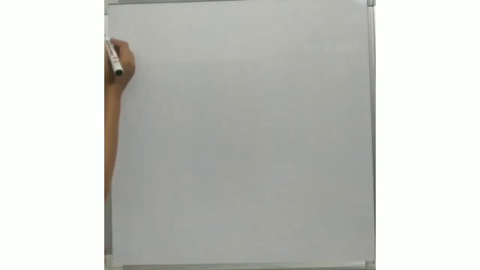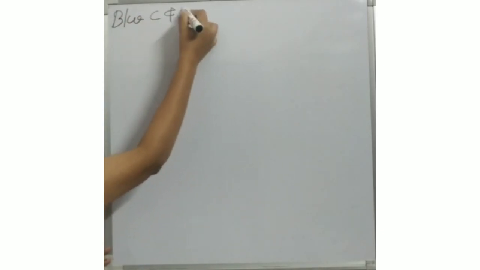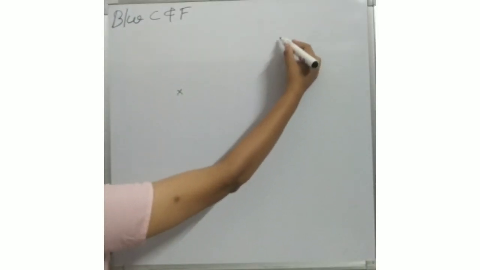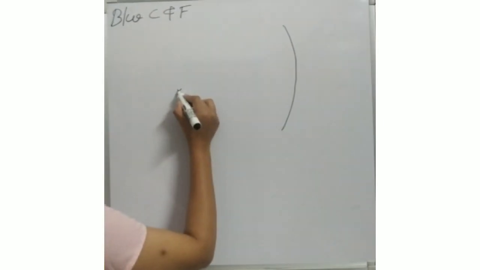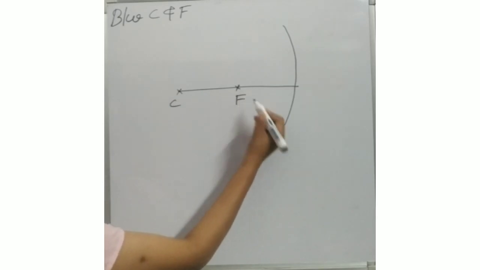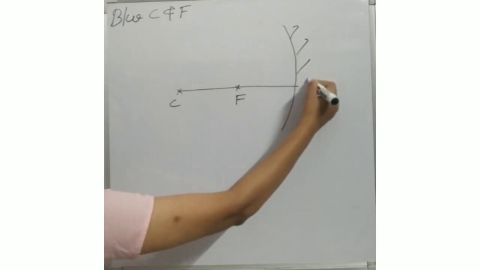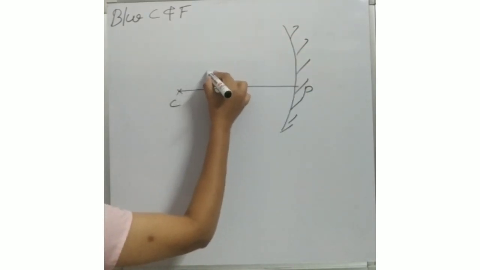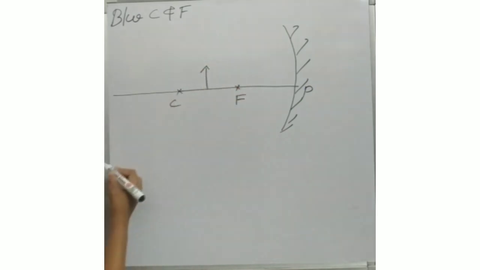If the object is placed between C and F, follow the same procedure. Draw an arc, suppose by 4 centimeter. Now, the correct half distance will be marked as F, the focal length. Now the object is placed between C and F. We have to extend this principal axis.